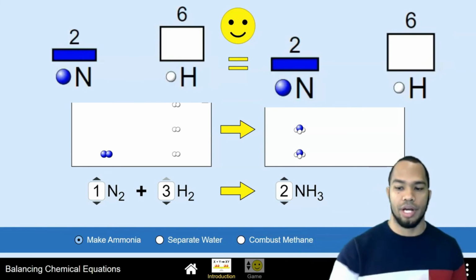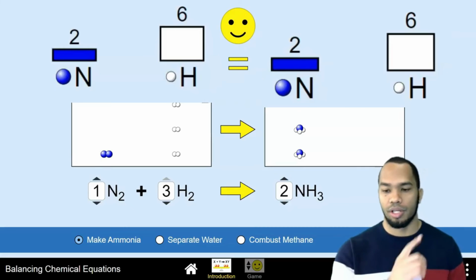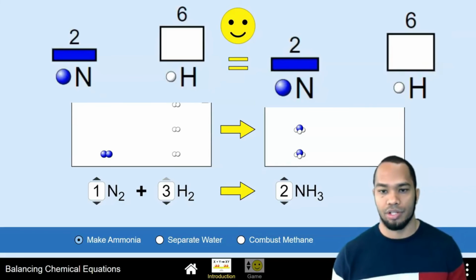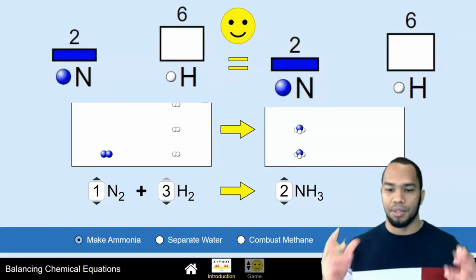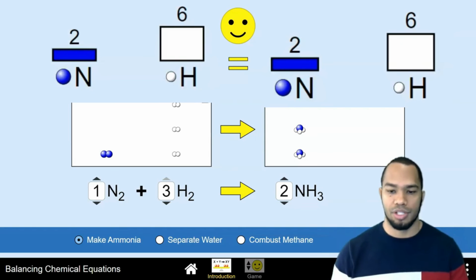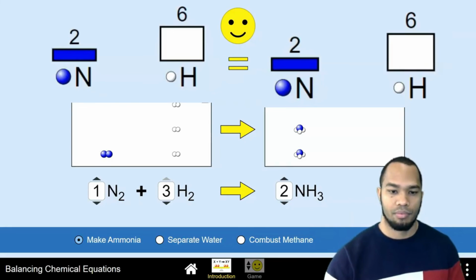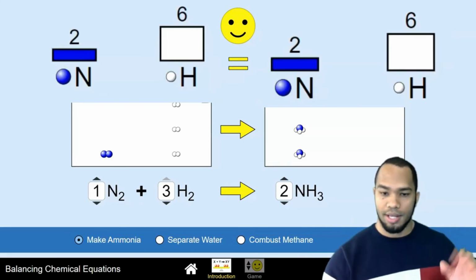We have 2 nitrogen atoms on each side of the equation, and we have 6 hydrogen atoms on each side of the equation. So the recipe to make ammonia, which is NH3, is we need 1 set of N2, right? 1 set.